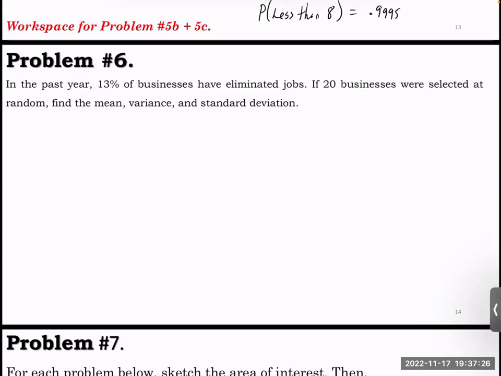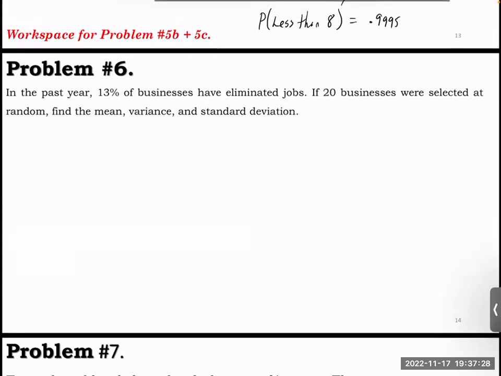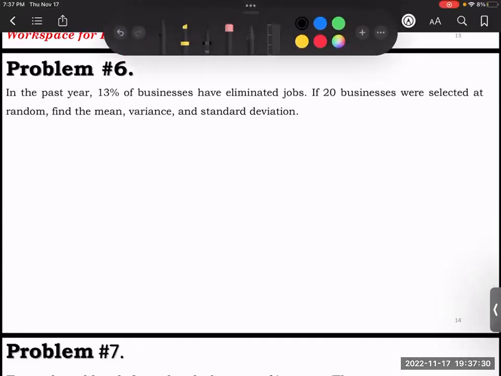We can let p be equal to the 13%, which is equal to 0.13. In addition, if p is equal to 0.13, then q must be 1 minus p, or 1 minus 0.13, which is 0.87.